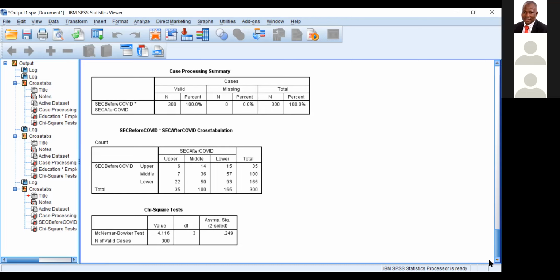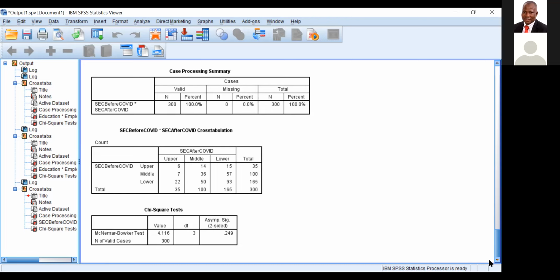Whenever you are dealing with this McNemar-Bowker sort, those percentages are useless because the way we arrange the table is different. You only put percentages along the periphery. This total horizontal is socioeconomic before, and total vertical is socioeconomic after.